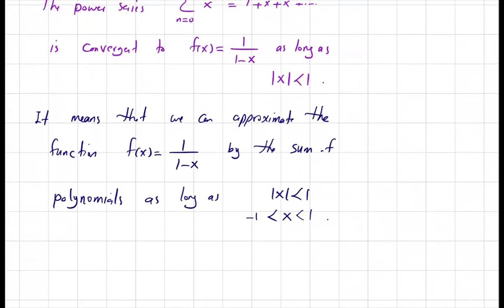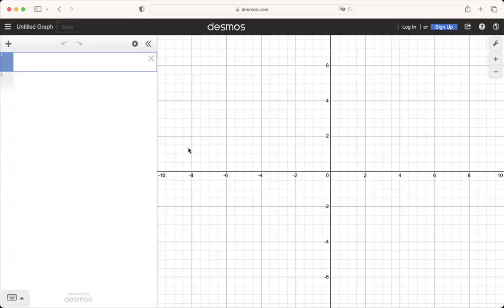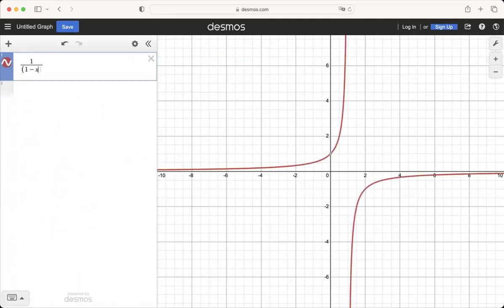Let us take a look at Desmos and see what's happening here. Let me open up Desmos for you and go to our page. So first of all, our function is 1 divided by 1 minus x.